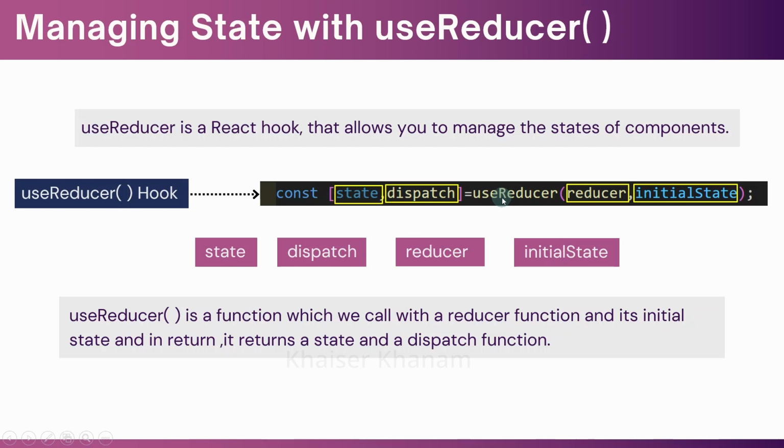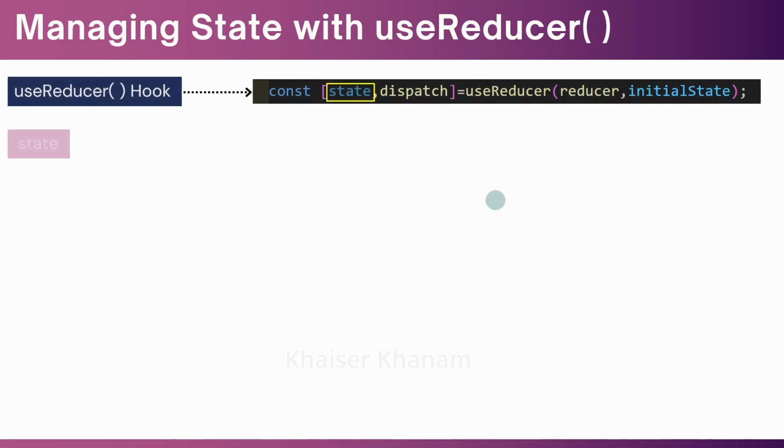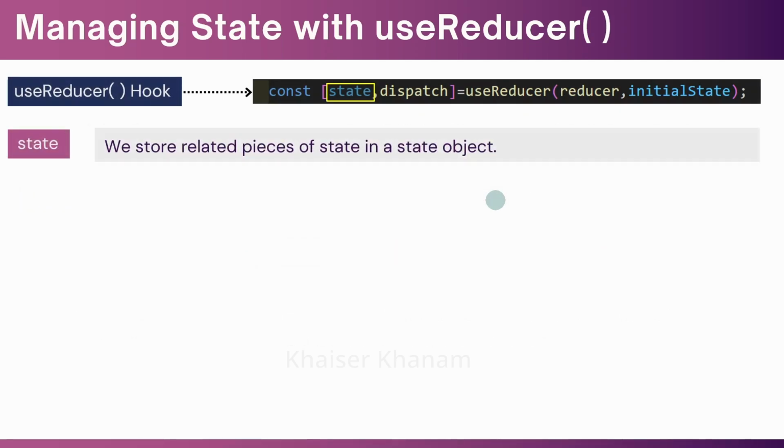Simply put, useReducer is called with two arguments, the reducer function and the initial state of our application, and in return it returns an array in which we have our state and dispatch function.